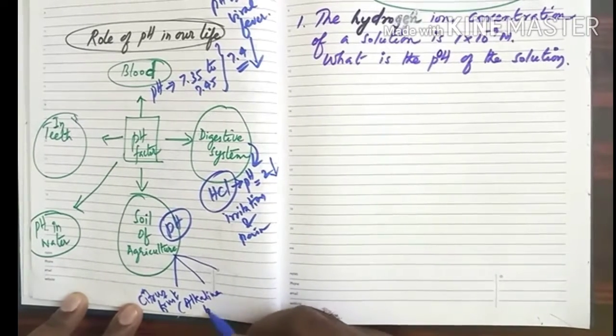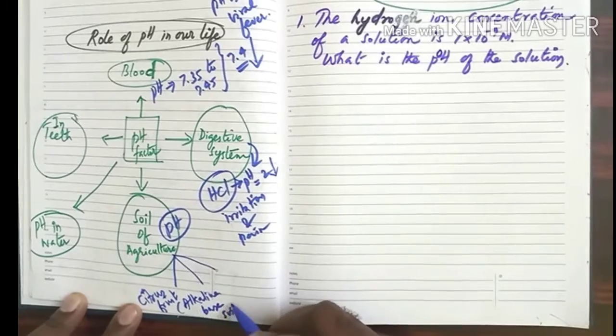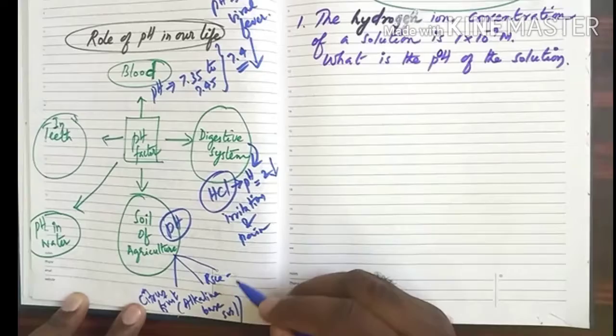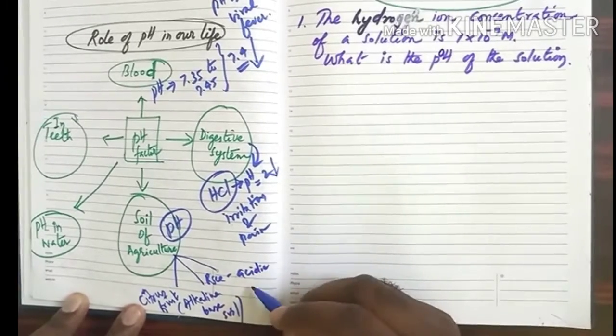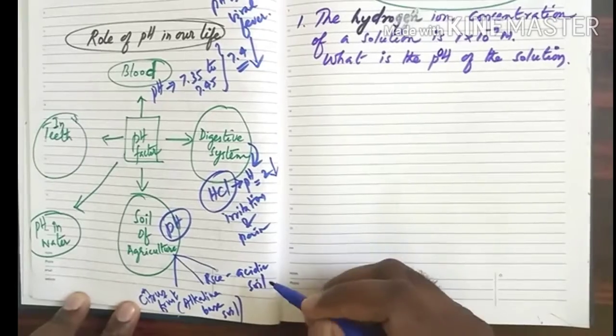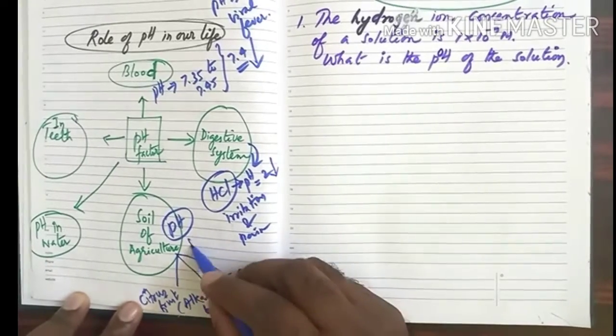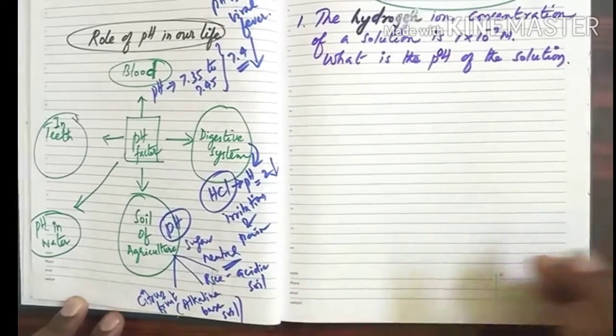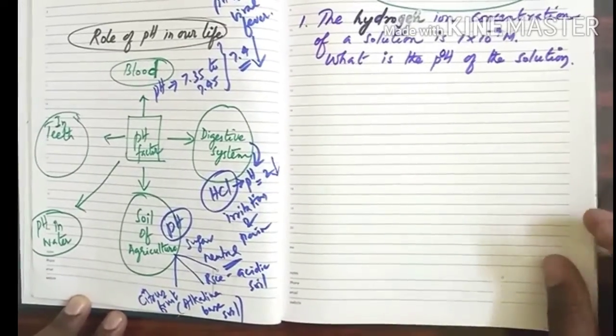Alkaline soil means base soil. Whereas for rice, we need acidic soil, that is, the pH value of the soil should be lower than 7. What about sugar cane? It should be a neutral one, that is, the pH should be exactly 7.